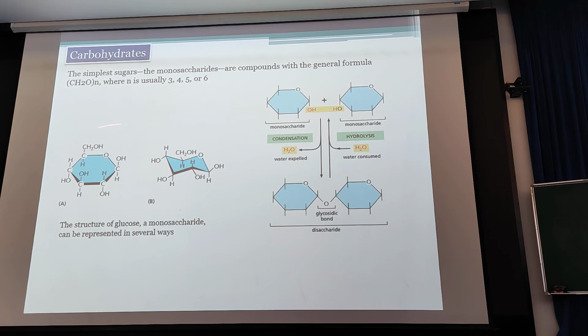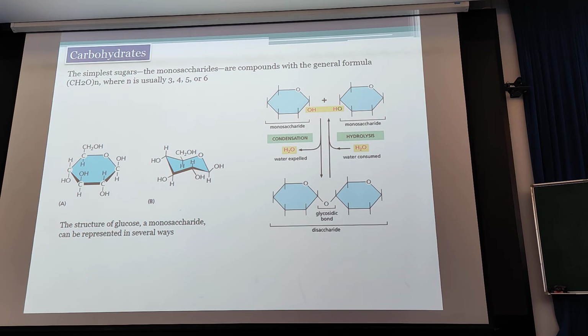And here is the structure of the glucose monosaccharide, and it can be represented in several ways. So 2 monosaccharides can be linked by a covalent bond. Pay attention, here is the covalent bond. The link between 2 monosaccharides is a covalent bond named the glycosidic bond.